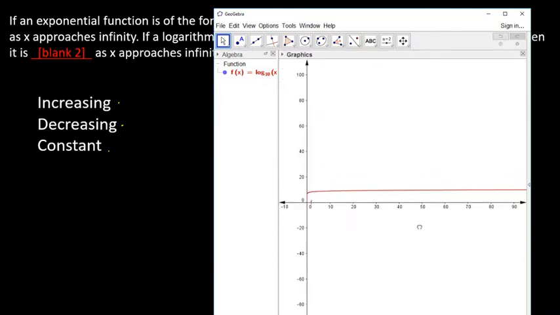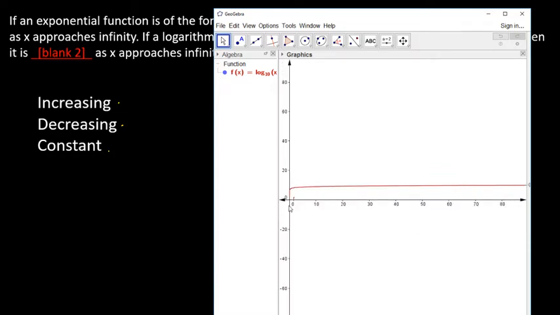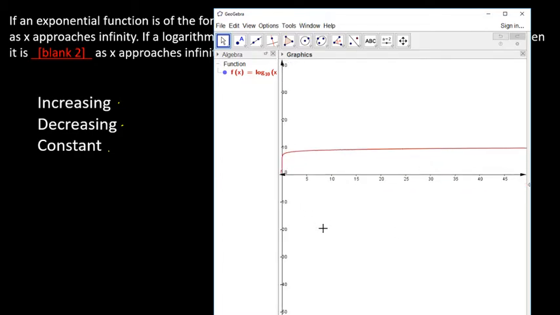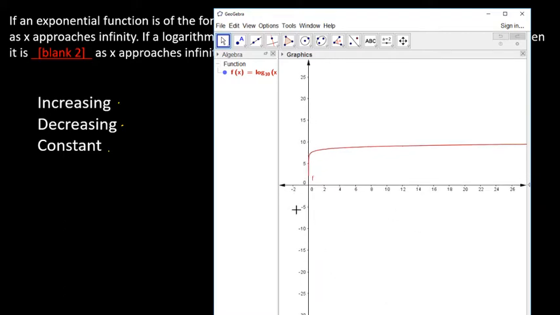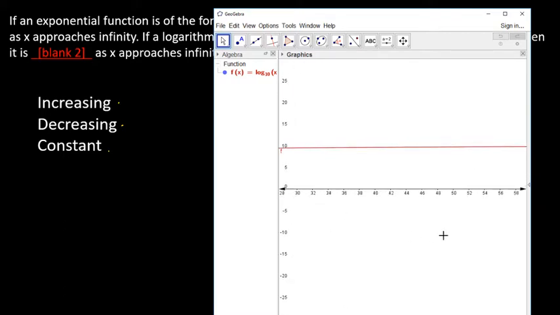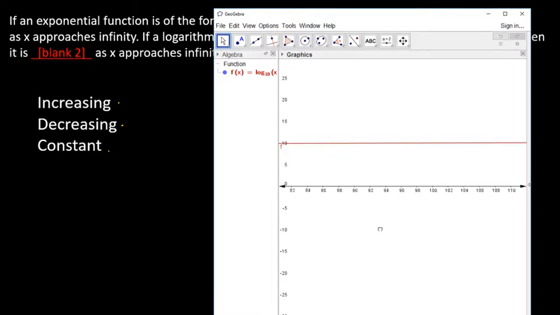Here we are zooming out again. And remember, when we talk about constant, that's for the entire function. Just a hint on that: constant would only be applied if we were looking at the entire function and the slope, the y value, never changed. So are we increasing, decreasing, or constant as we go towards infinity?